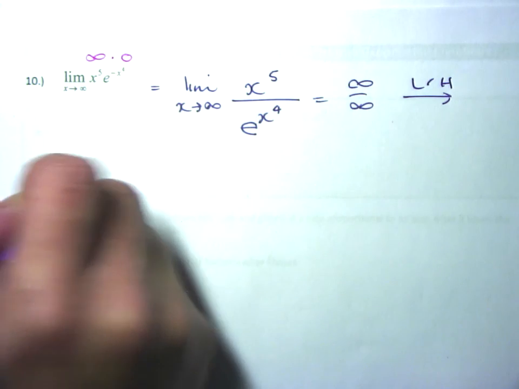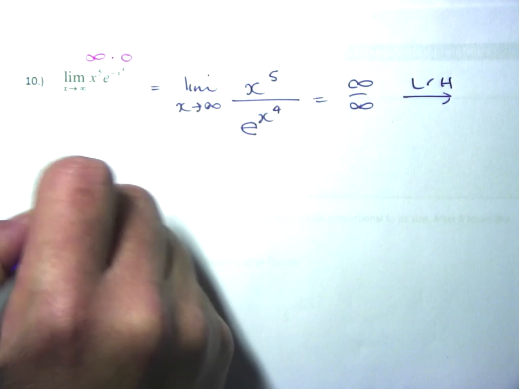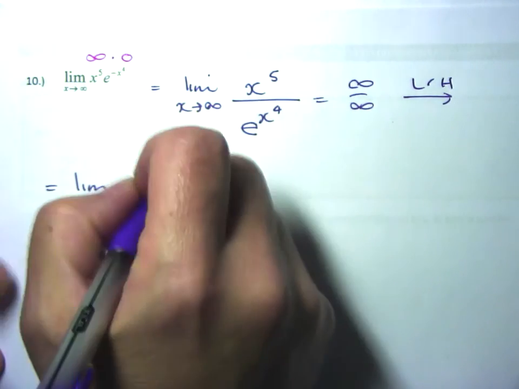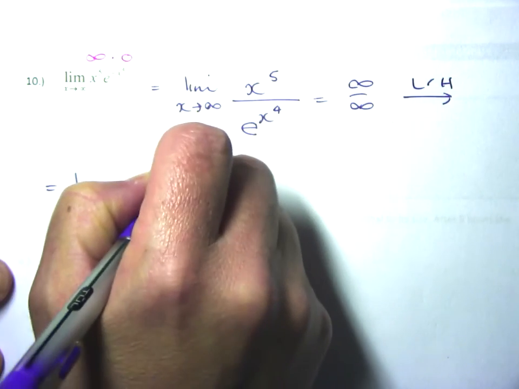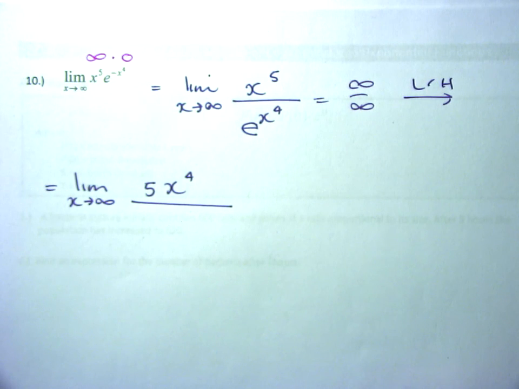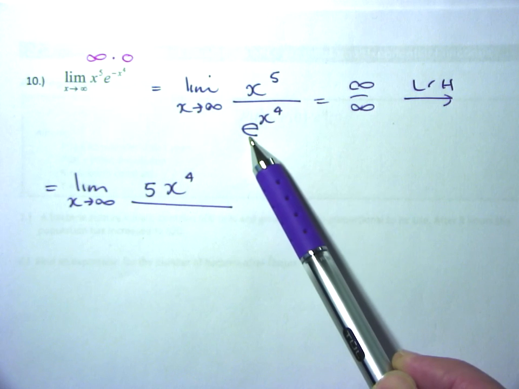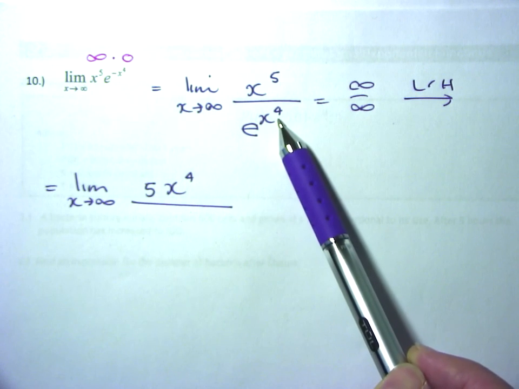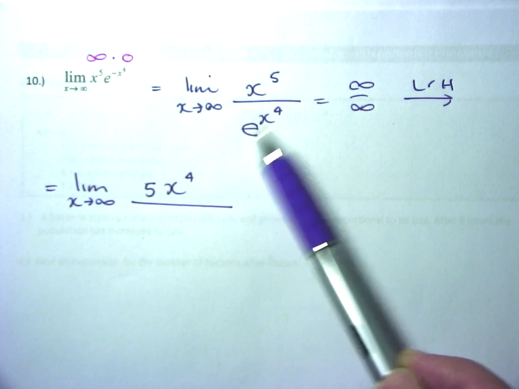All right, so let's see. We're going to take derivatives. I'm going to take the derivative of the top. The derivative of x to the power 5 is 5x to the power 4, divided by, all right, and now you guys have to be prepared to use chain rule. The derivative of e raised to the power x to the 4th. First of all, what is the derivative of e to some power?